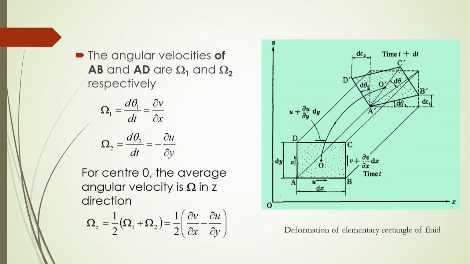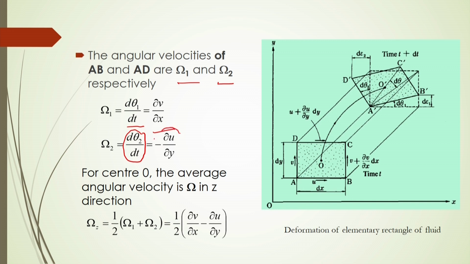So, from that angular deformation we can calculate the angular velocity of AB and AD, which will be denoted by omega 1 and omega 2 respectively, where omega 1 will be defined as d theta 1 by dt, which will be ∂v/∂x. Similarly, omega 2 will be d theta 2 by dt, that means per unit time how this deformation happened.